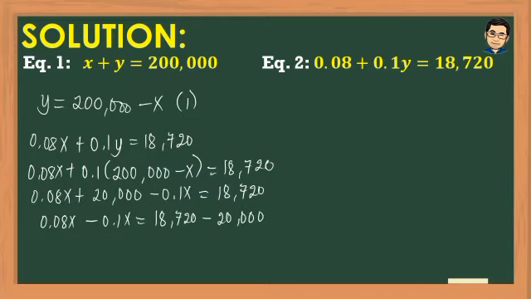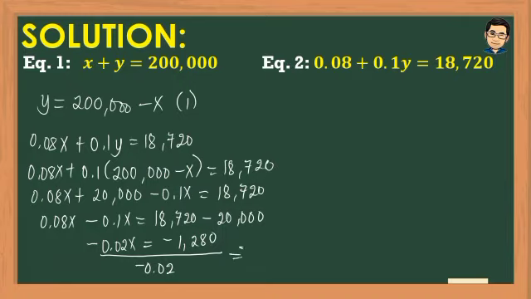Ayan. Next, 0.08x minus 0.1x, that is negative 0.02x. So, mas mataas po kasi ang 0.1 sa 0.08. And then, 18,720 minus 20,000, that is negative 1,280.